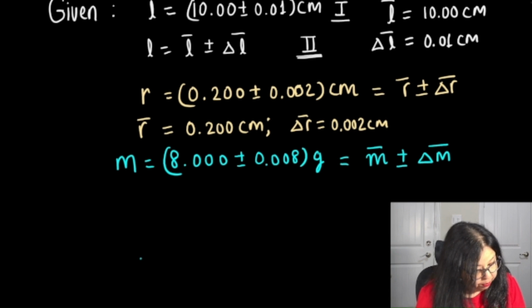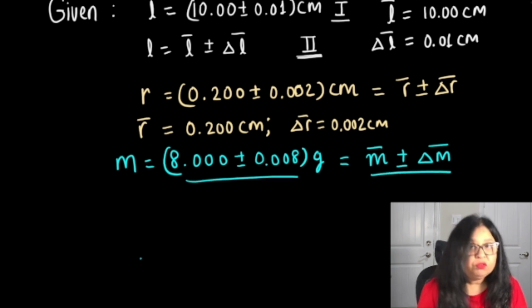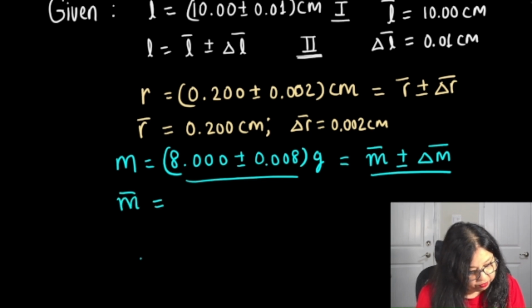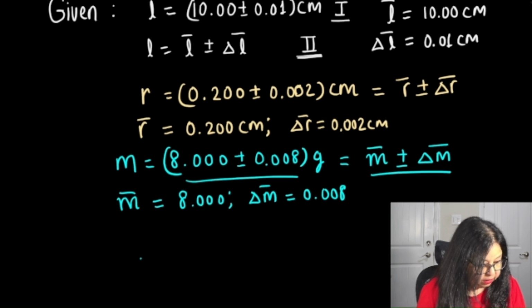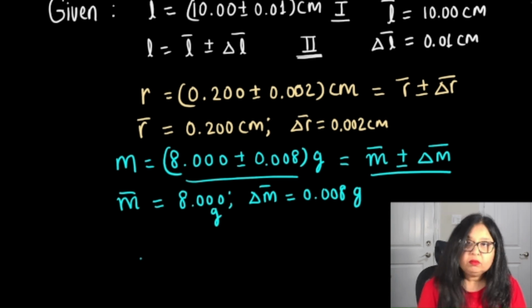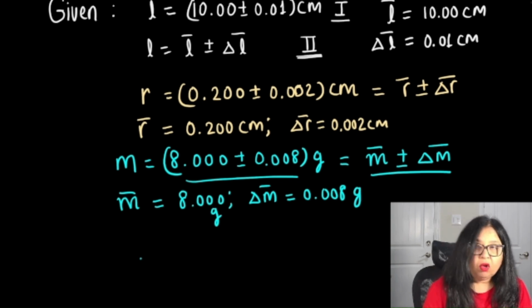Again, by comparing these two sides of the equation, what do we get? The average value of the mass is equal to 8.000, while delta m bar equals 0.008 grams.